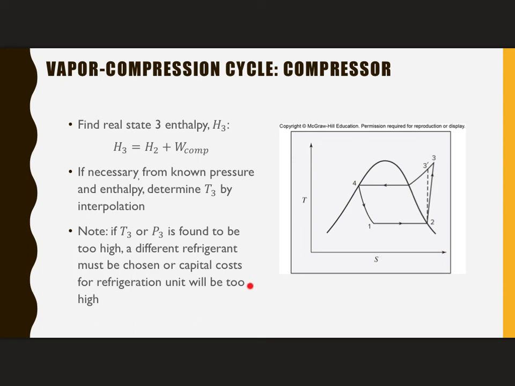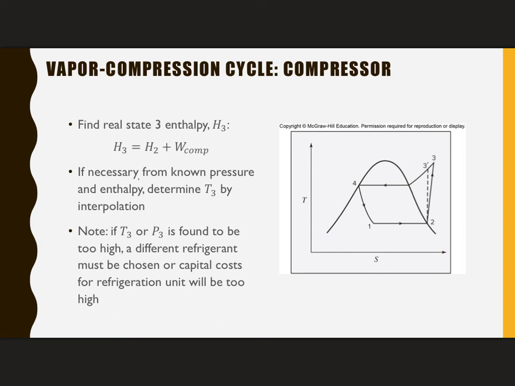This is one of the places where you need to keep an eye on things. Sometimes that P3 that you end up with, you just look at those numbers and they are alarming. We'll be doing some examples so you can see what I mean by when you might be alarmed. If the pressure is very high there, the cost of the equipment is going to be prohibitive.